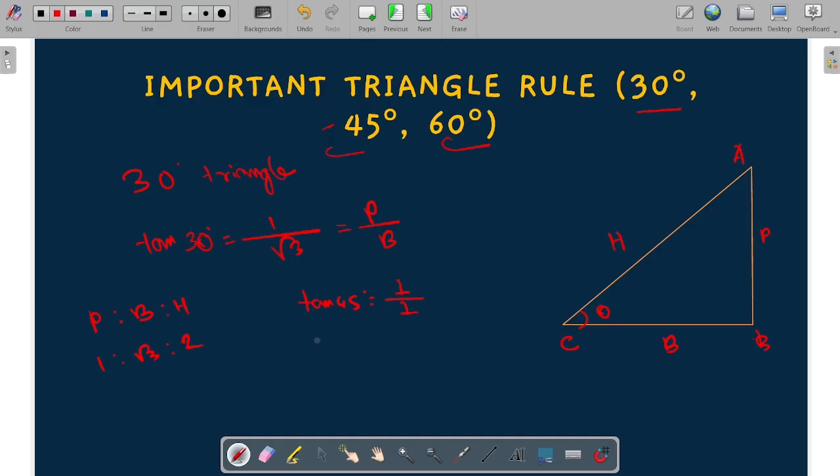So अगर हम hypotenuse निकालेंगे तो इसका वैल्यू क्या होगा? √(1 + 1) equals √2. अभी P:B:H क्या होगा? P is 1, B also 1, and hypotenuse is √2.